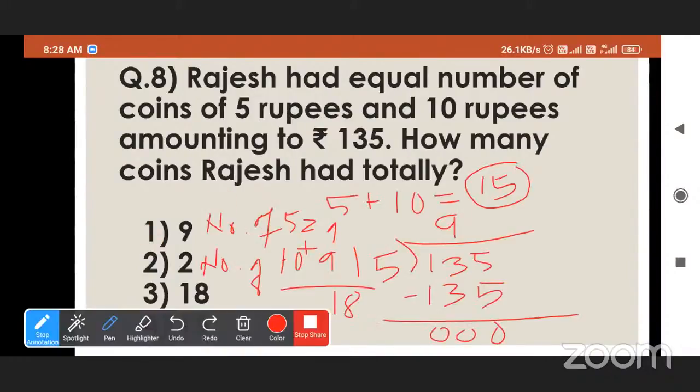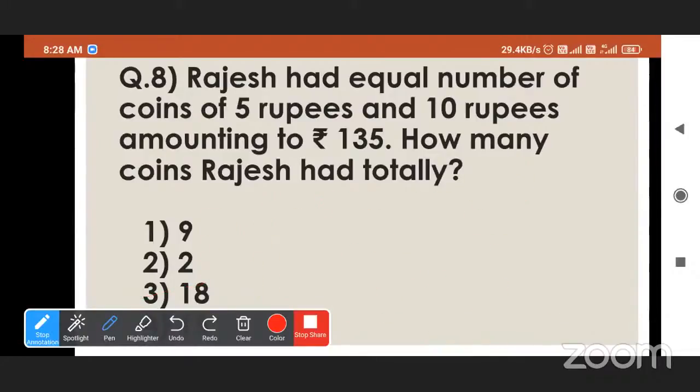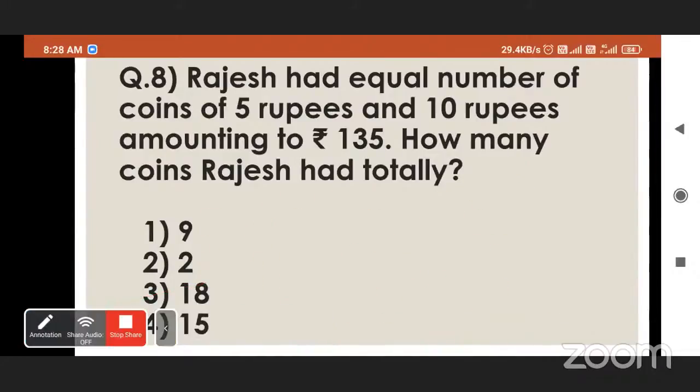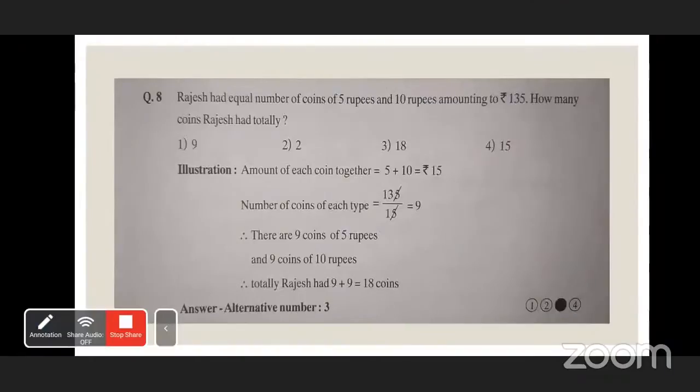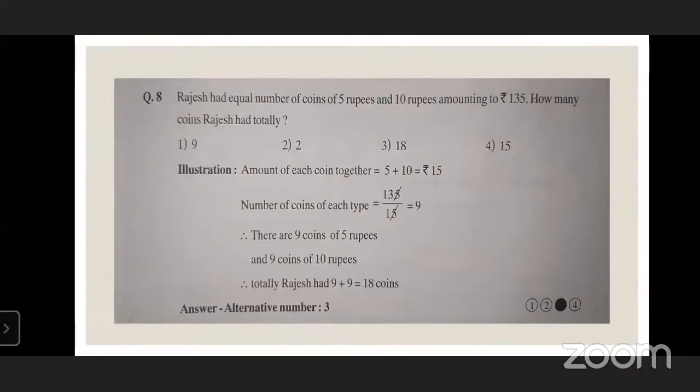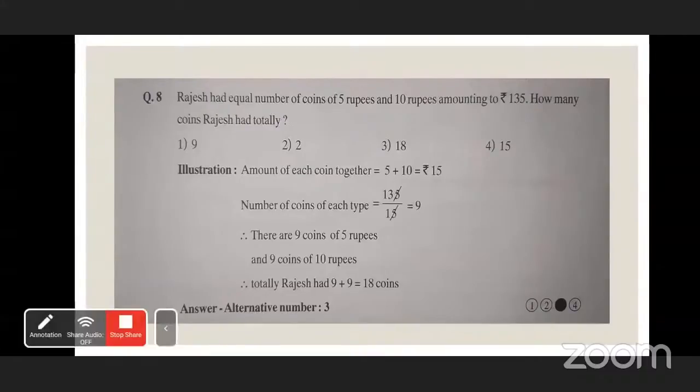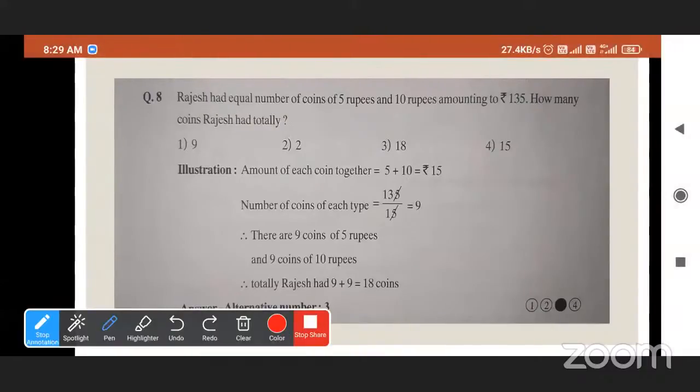See here, we see the illustration. The amount of each pair of coins together is 5 plus 10, that is 15 rupees. So to find the number of coins of each type, we do division: 135 divided by 15 is 9.